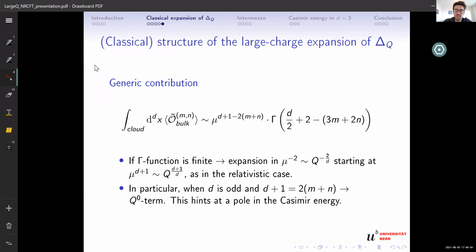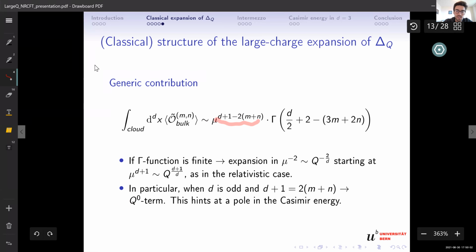So it can either be finite, right? So it's just a number, and then you just see what happens, right? You have an expansion that starts at mu to the d plus 1, and then you decrease by multiples of 2. And this is the standard expansion that also holds in the relativistic case. And in particular, when d is odd, you will hit q0 at some point, right?